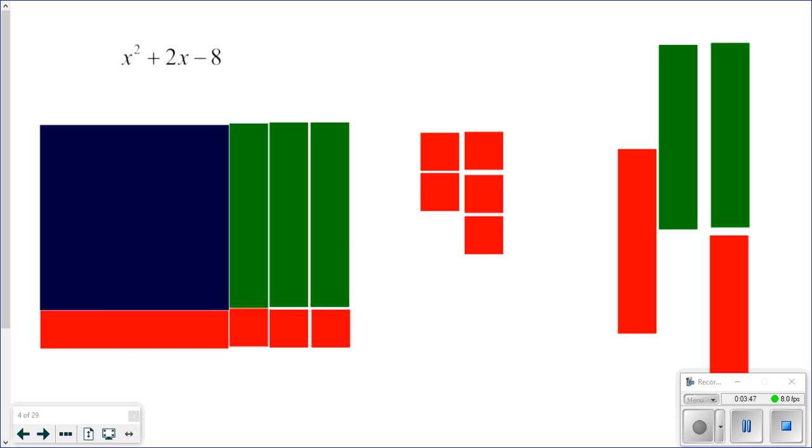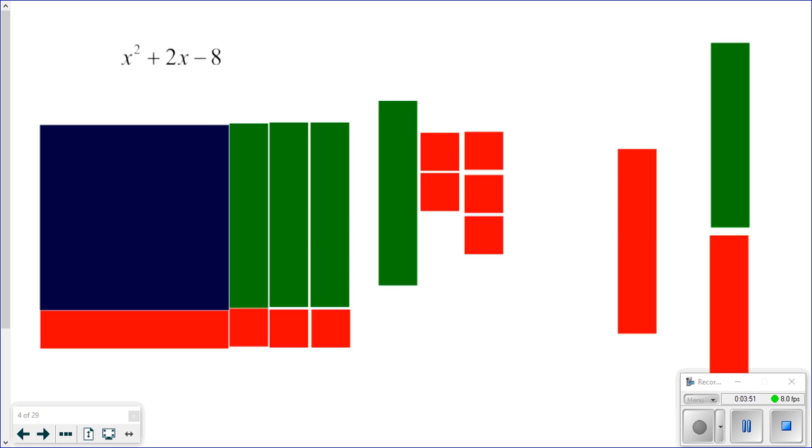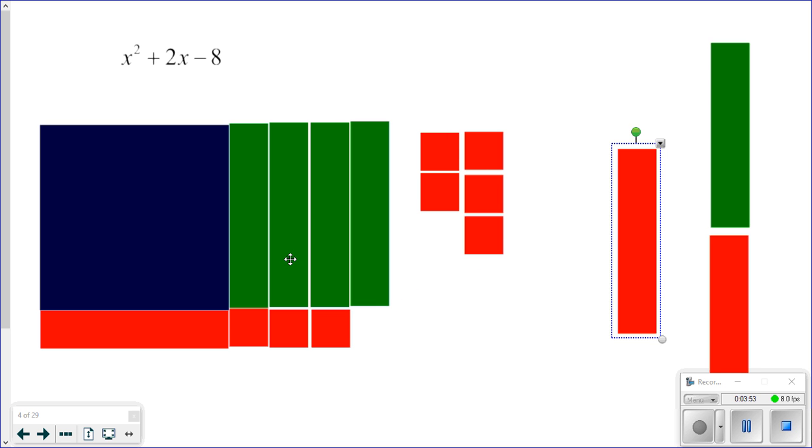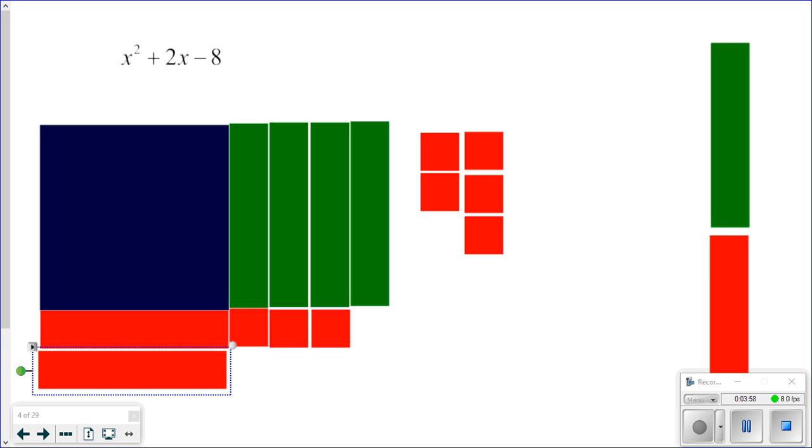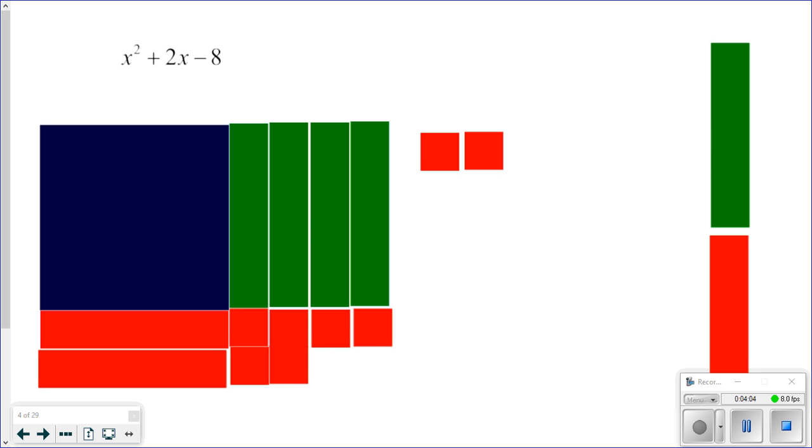And I still have 5 left over, so if I add in another positive 1x, let me bring in a red one again to cancel it out. And then if I slide in these single red squares, they all fit.